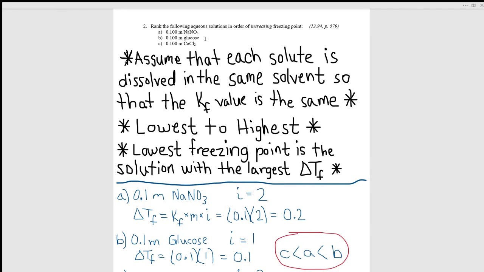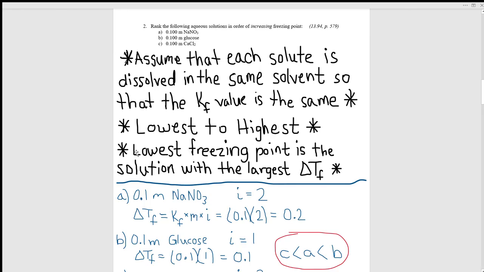If they were different, then the problem would have stated that somewhere, or we would have been given unique K_f values for each solvent. But since we're just comparing solutions, we can assume that each solution has the same K_f value, so we can ignore that when we're calculating the molalities.